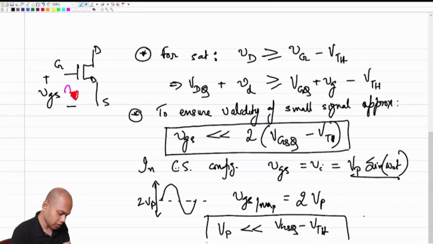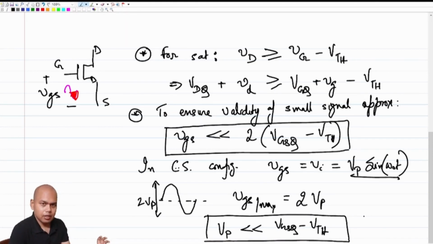So in a common source configuration, you have to ensure that the sinusoid that you have applied is much less than the overdrive of the transistor.